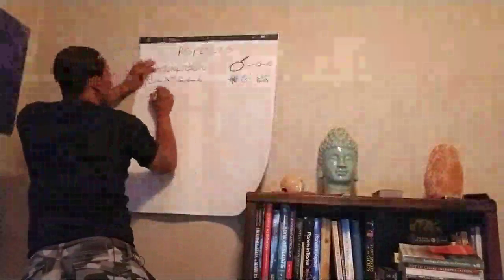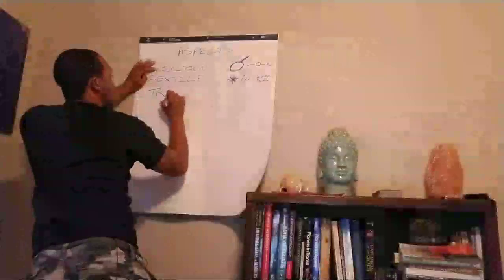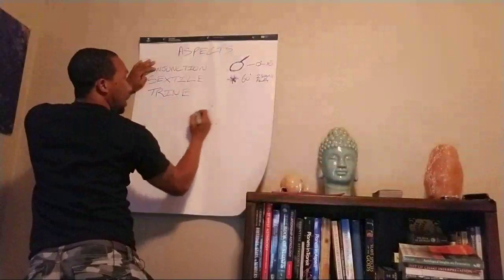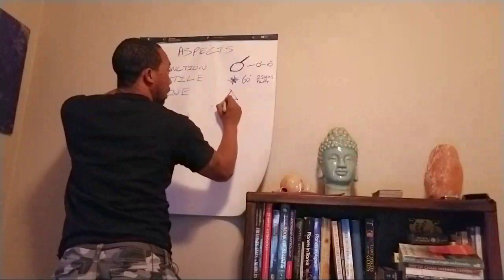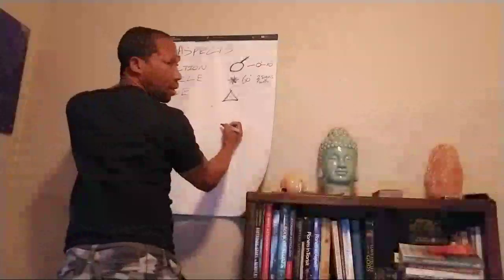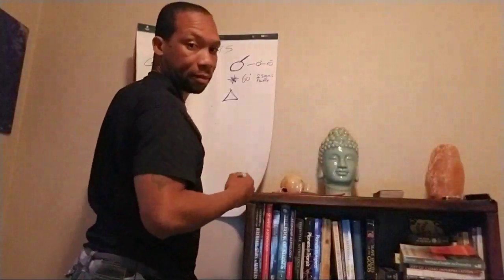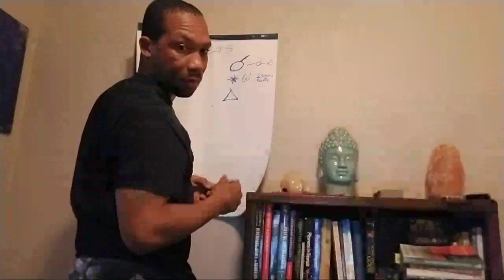After that, there is the trine. T-R-I-N-E. And the trine looks like a triangle. Literally, it is a triangle. Okay?